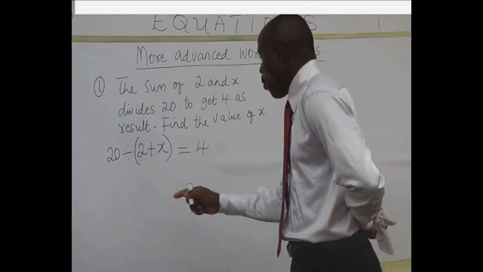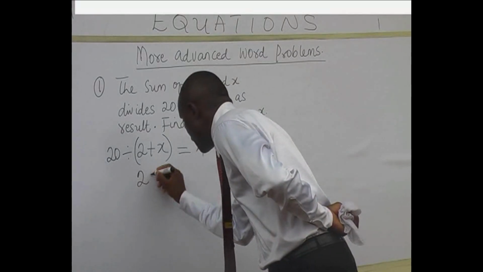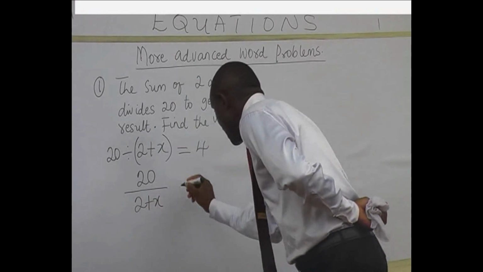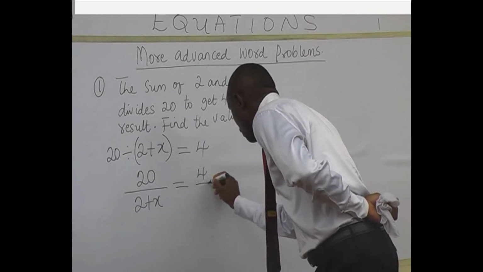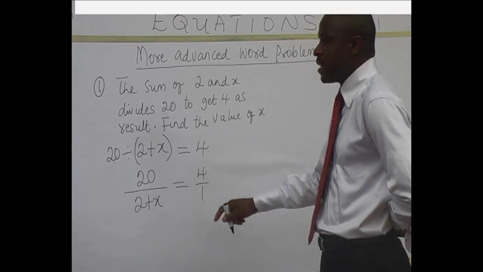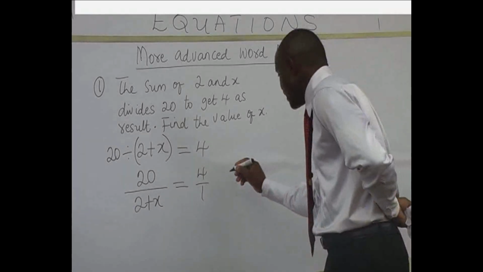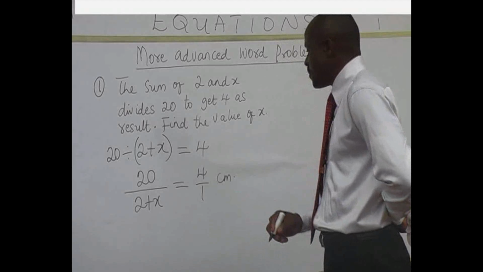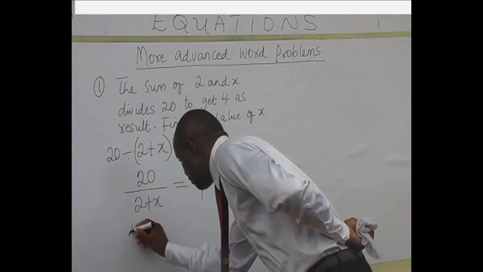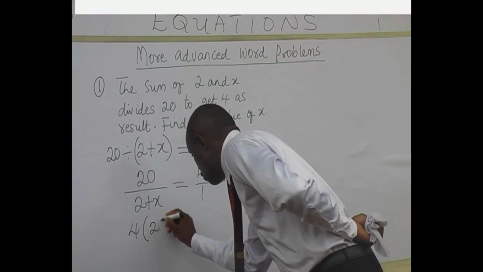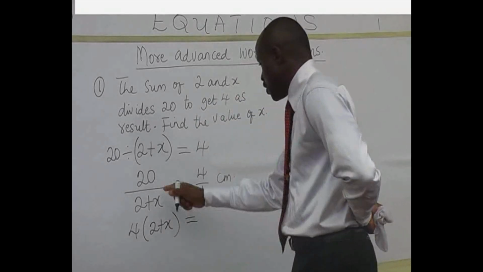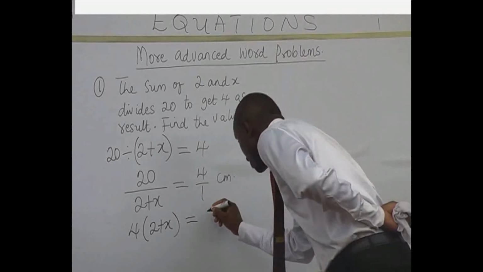Now from here, what this means is 20 divided by 2 plus x is equal to 4 all over 1. I only wrote 4 to be 4 over 1 in fraction form. The next thing you do is cross multiply. 4 times 2 plus x will leave you with 4 into 2 plus x, and it's going to be equal to 20 times 1, which gives you 20.